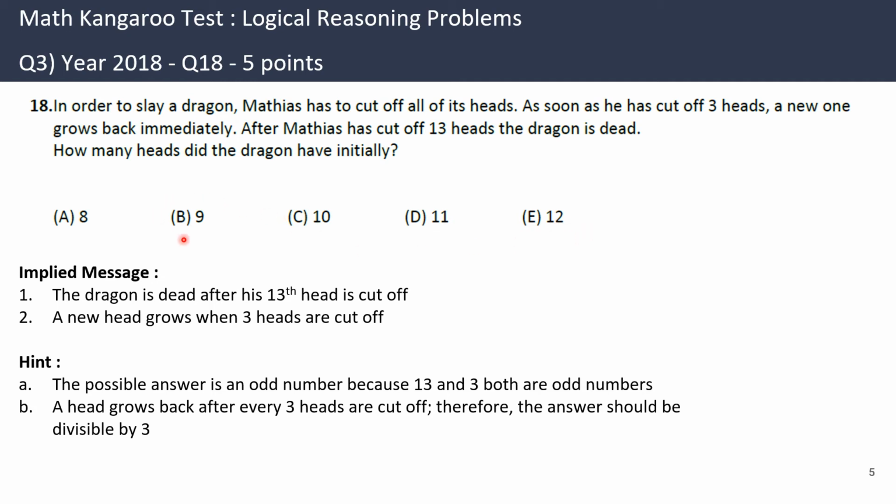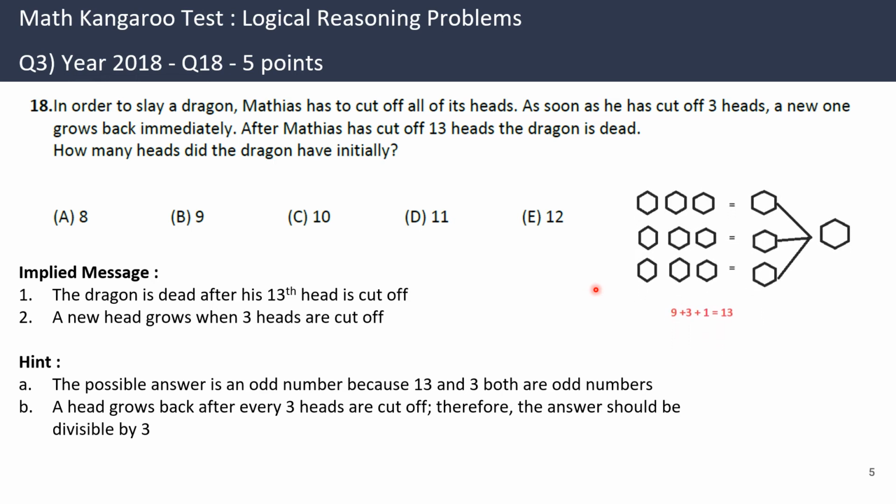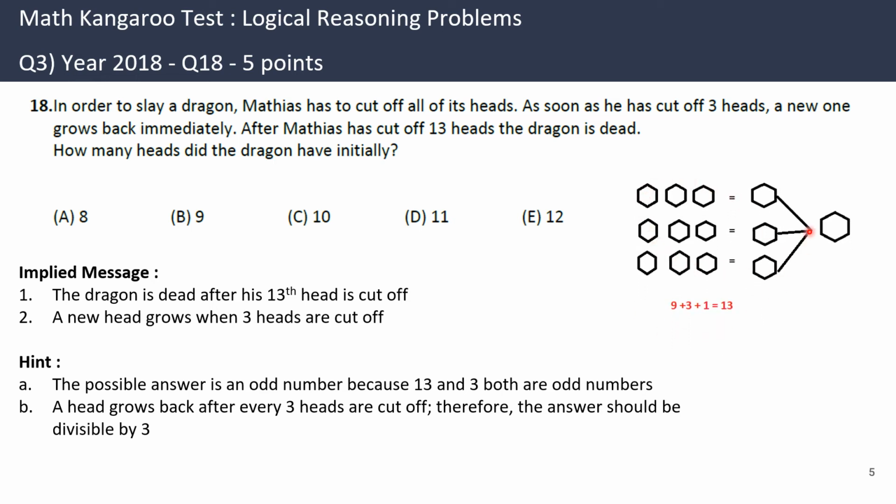So let's consider option B could be the possible answer, and let's analyze if it meets all the requirements of how Matthias went about slaying the dragon. Now, this is the diagrammatic representation of our thought process. These are the original 9 heads which the dragon had.